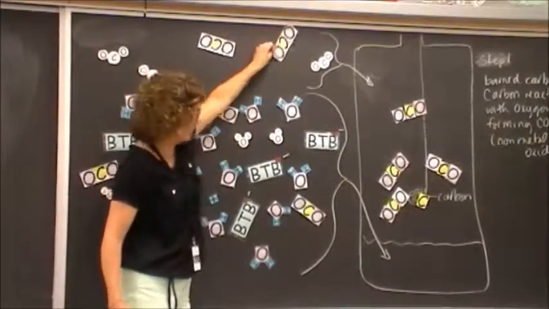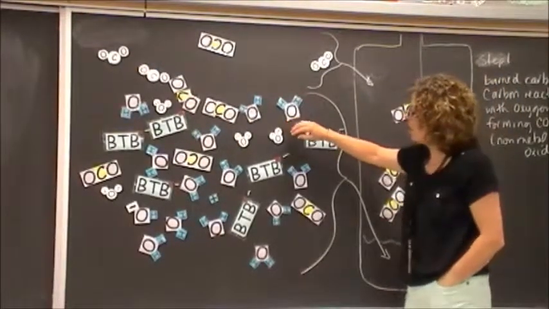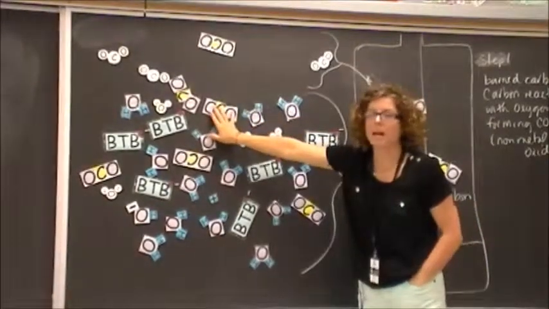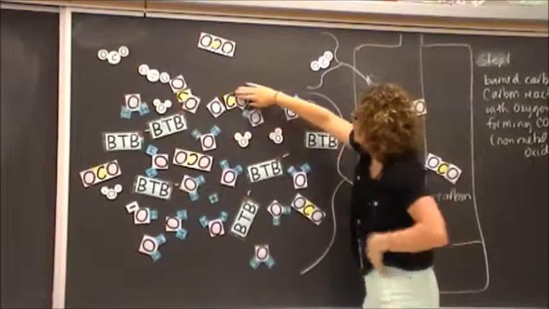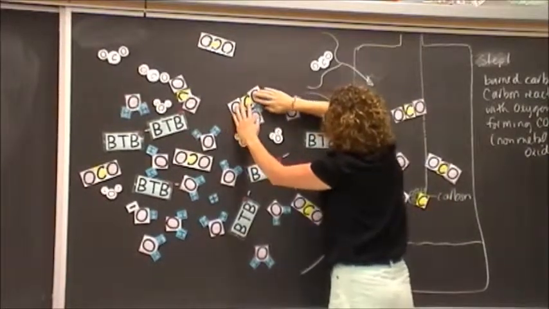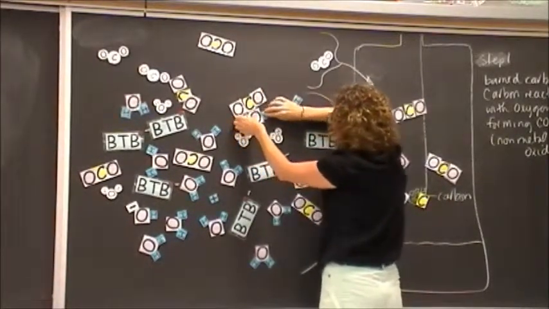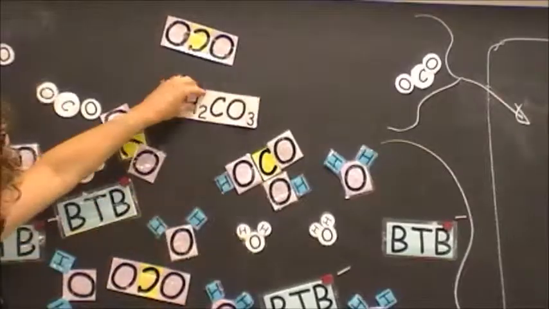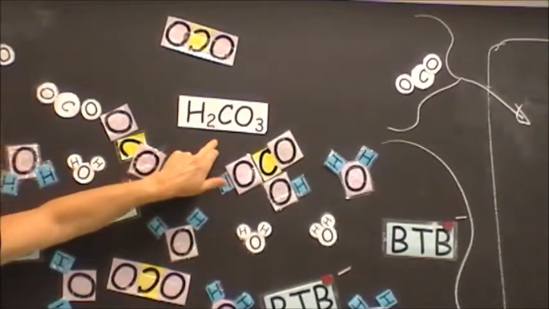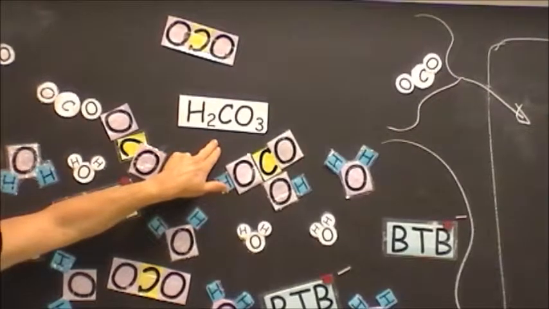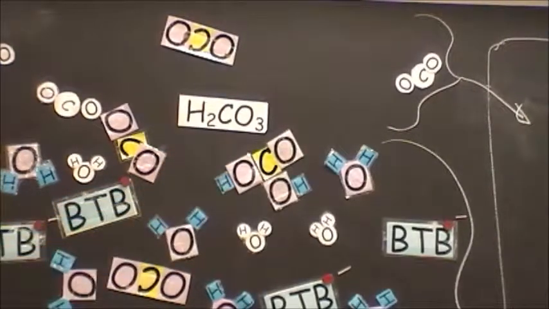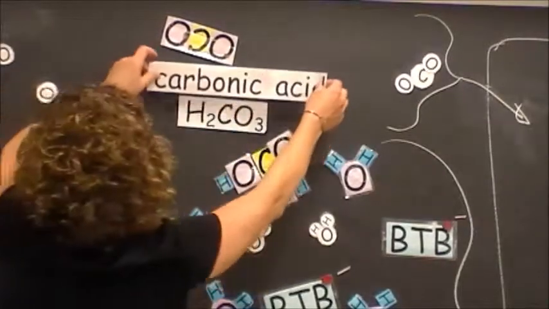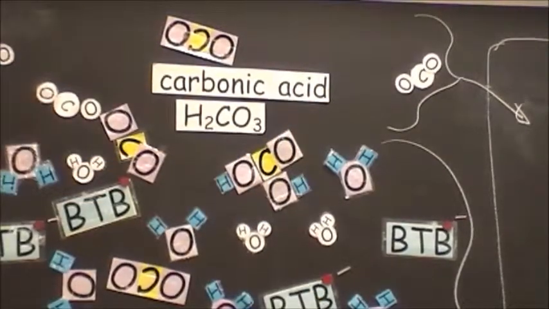this liquid environment. The carbon dioxide reacts with water, and this is what happens to it. That carbon dioxide comes over, bonds to that, and that happens. That's the chemical formula for that. And the name of this is carbonic acid.